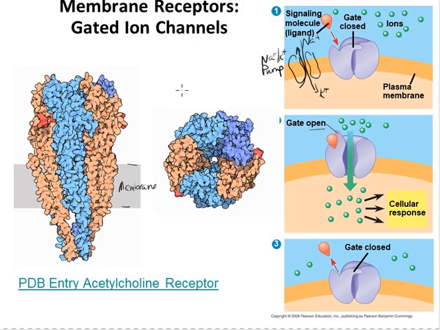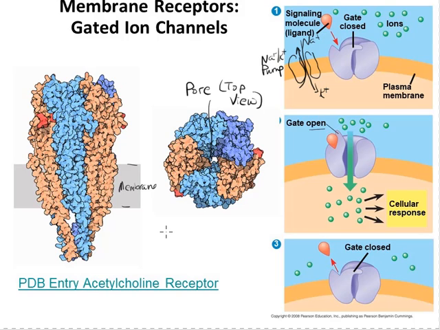But more realistically, the shape change causes the pore the channel makes through the membrane to either open or close, depending on the signal and depending on the receptor, which we can see here in this top-down view of the acetylcholine receptor, which is the receptor that mediates muscle cell contraction in response to nervous system signaling in animals. More on that receptor in the next video.